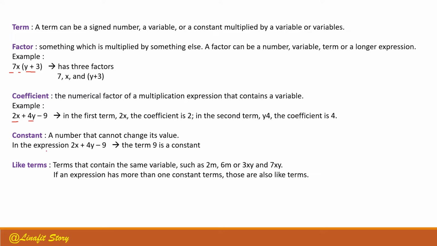For example, in the expression 2x plus 4y minus 9, the term 9 is a constant. Like terms means the terms that contain the same variable, such as 2m, 6m, or 2xy and 7xy. If an expression has more than one constant term, those are also like terms.